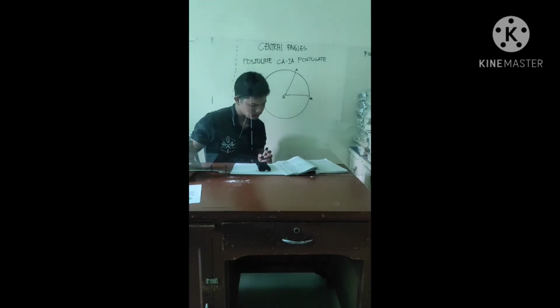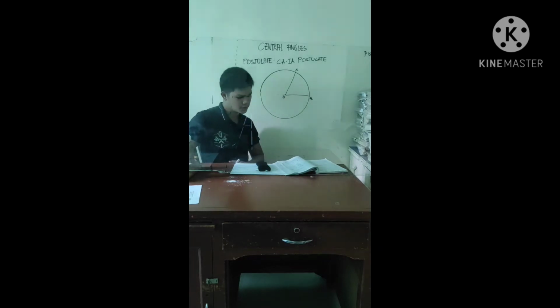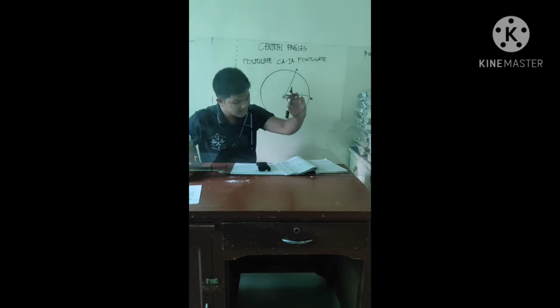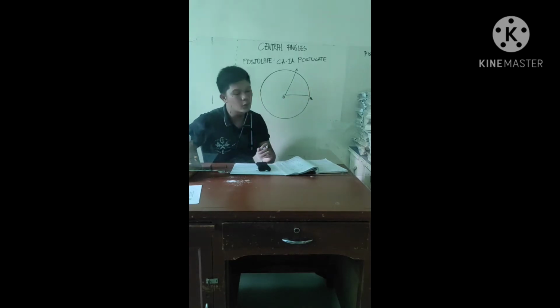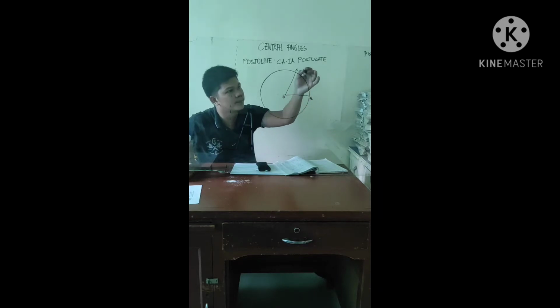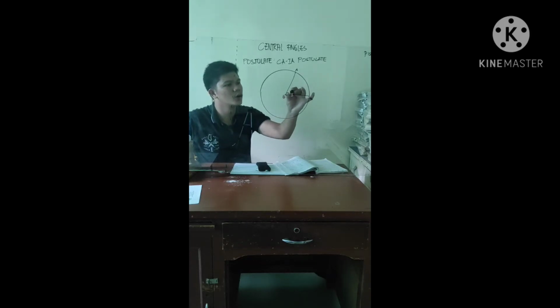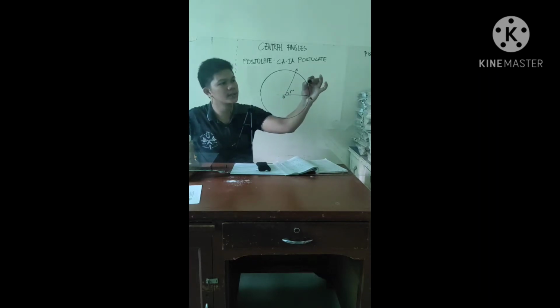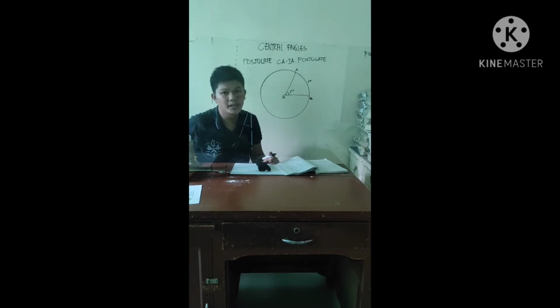Now, so sabi sa central angle intercepted arc postulate, ang measurement ni central angle is equal sa measurement ng kanyang intercepted arc or ang kanyang minor arc. Okay. Or yung pinakamaliit na arc na.